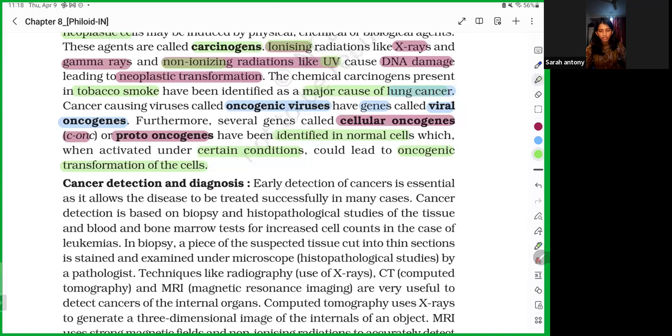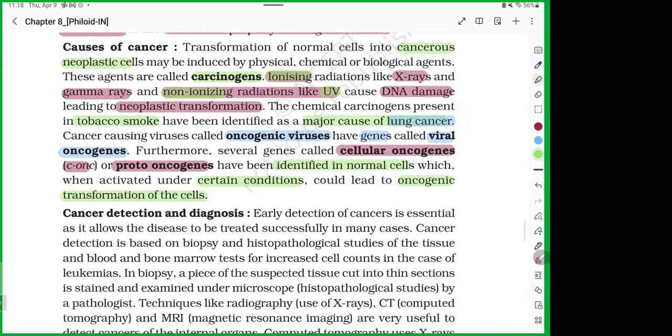Sir, can you tell the difference between carcinogen and oncogen again? Carcinogen and oncogen are the same thing. Carcinogen is the general term. Oncogenes are the special genes where a normal cell converts into a cancerous cell in special conditions. So oncogenes are also carcinogens because they are causing cancer.